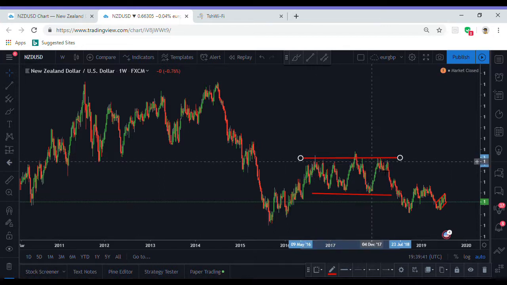If you have three touches here, that's the maximum you can get. So you sell on resistance from the top, and you can buy on support from the bottom. So that's it for support and resistance.